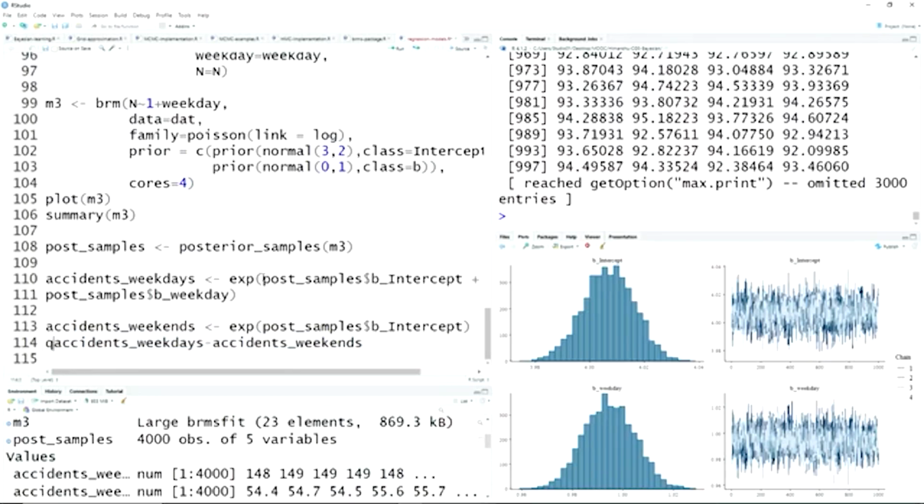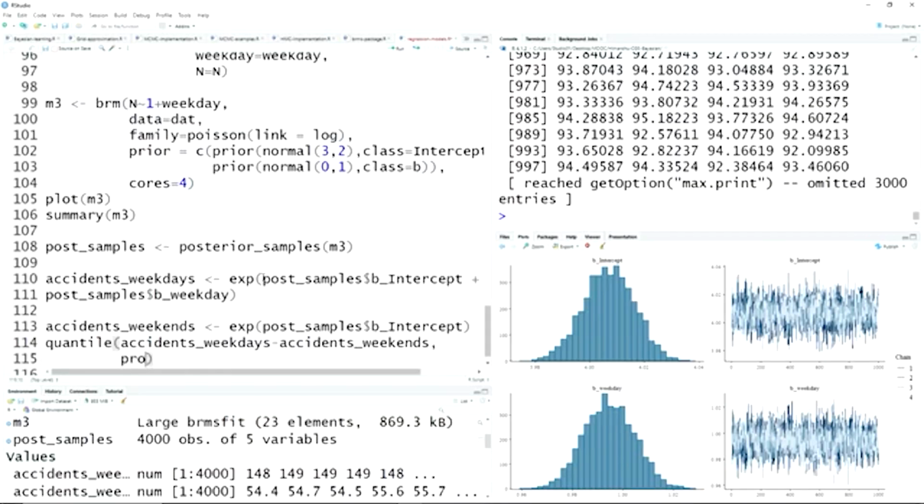Now you can retrieve the 95% credible interval of this estimate. This is still an estimate. This is not a raw or observed number. This is what your model is estimating. Given this model, this is the difference in the rate of road accidents on weekends versus weekdays.